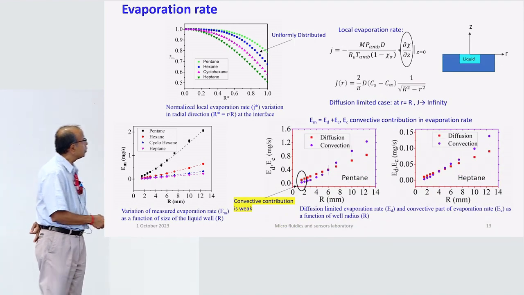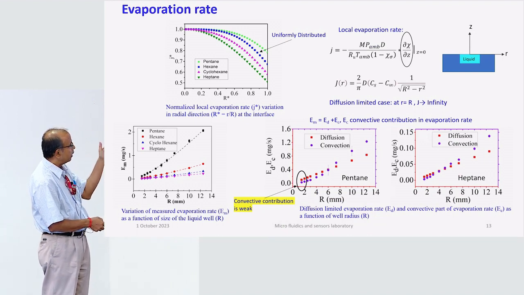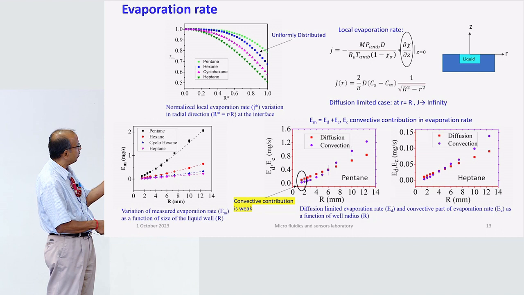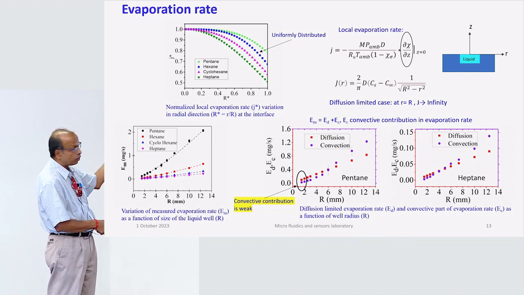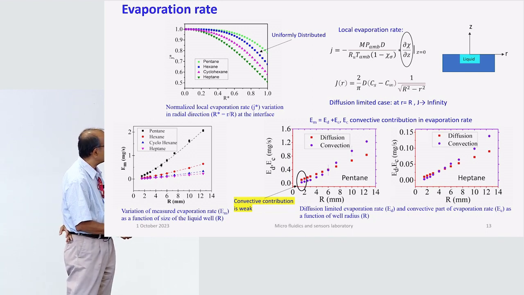Then when you look into the process, we have the total evaporation rate. We have simulation data based on diffusion, and the total we get from holography. And this is the comparison that you see here.